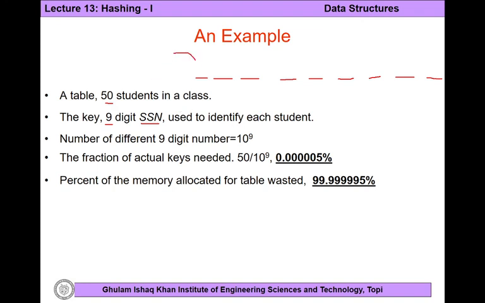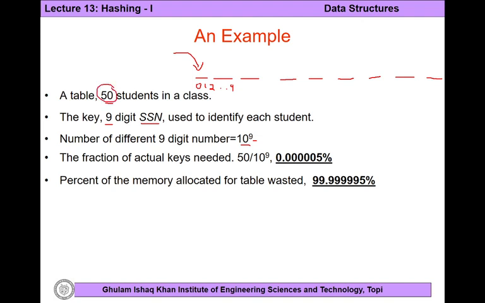Now each digit can be 0, or 1, or 2, up to 9, right? So here we have a possibility of 10 different digits appearing, and in total we have 9 slots.